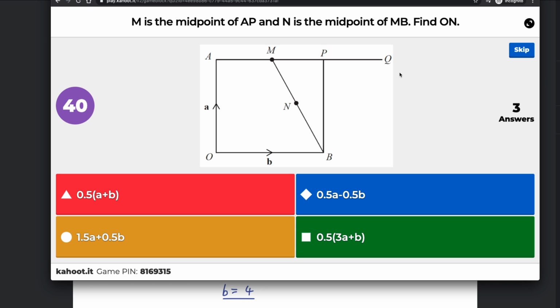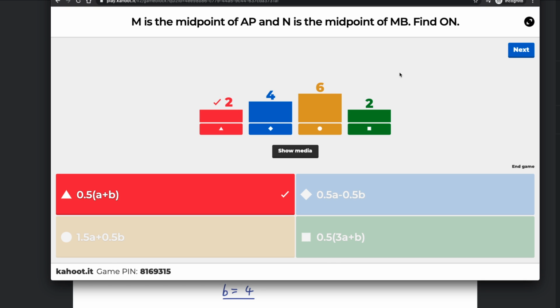Could do 2 minutes on this. The Kahoot yesterday was too easy.